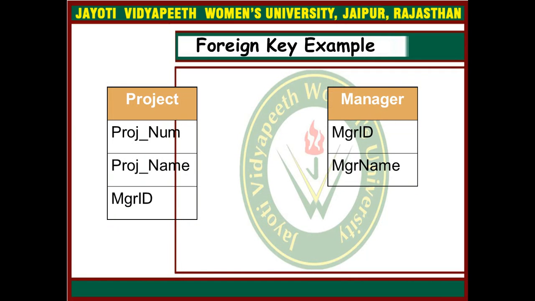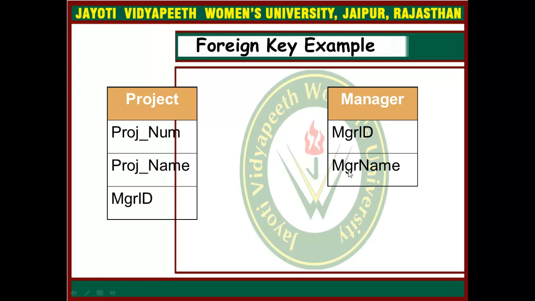Now see this example. There are two tables, project and manager. You can see the entities and attributes showing here, and the fields: project name, MGR ID, MGR name.